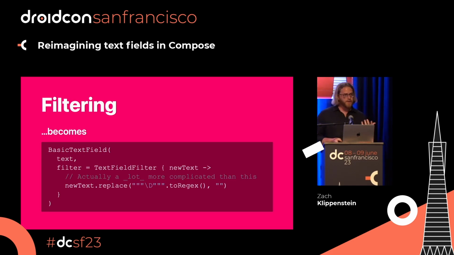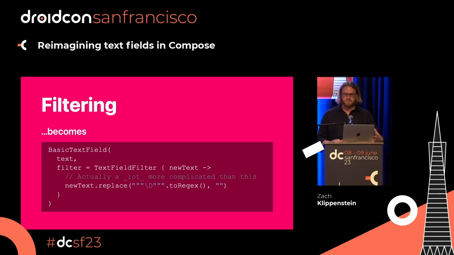And there's no way to get that in the current API. You just get the old string and the new string. There's no way to figure out what letter was just typed or something like that without doing a full diff. And so with this API, we run it right after the input before updating the state. And we tell you what was actually changed as part of this update.